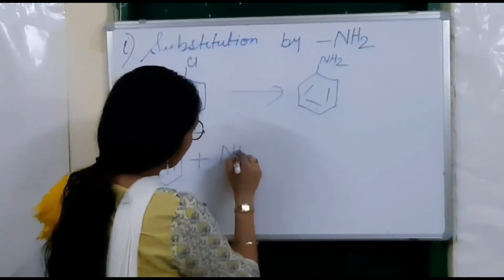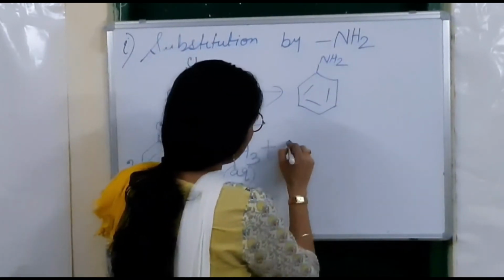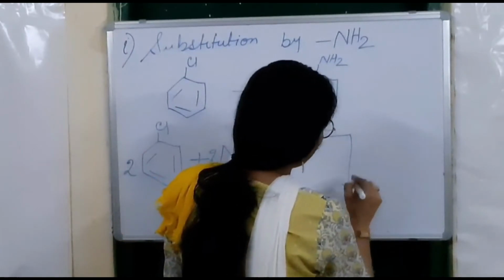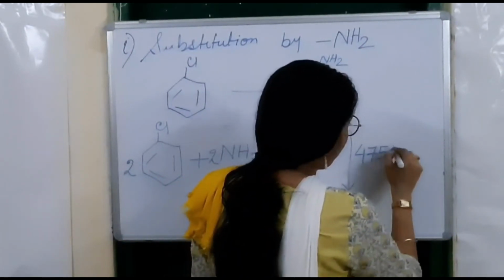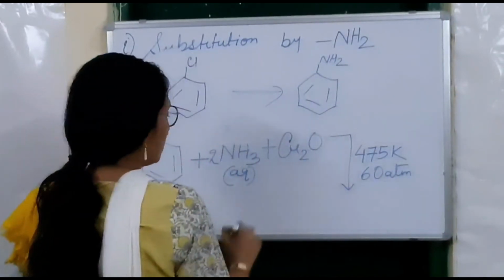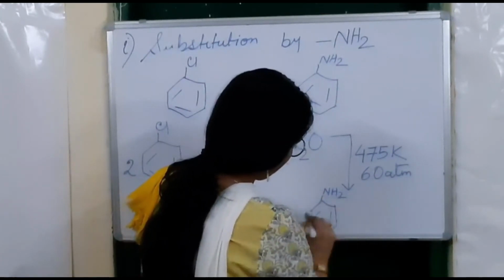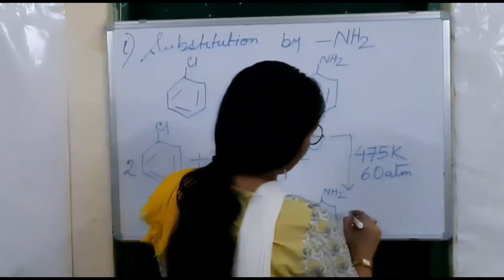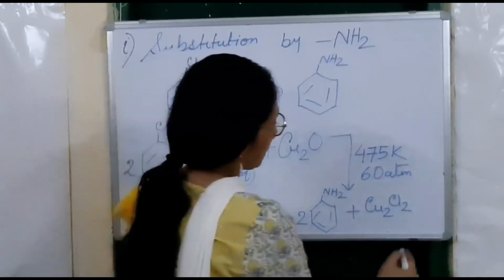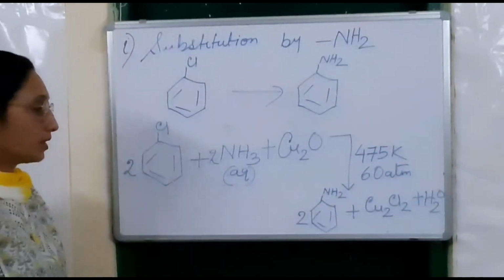Two chlorobenzene when heated with aqueous ammonia in the presence of Cu2O at a temperature of 475 Kelvin and pressure 60 atmosphere, we will get aniline plus Cu2Cl2 plus H2O. First write this equation.